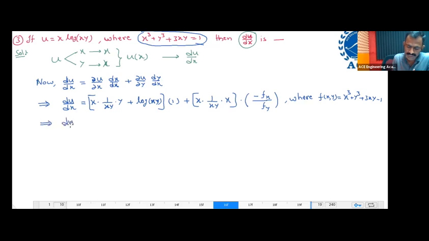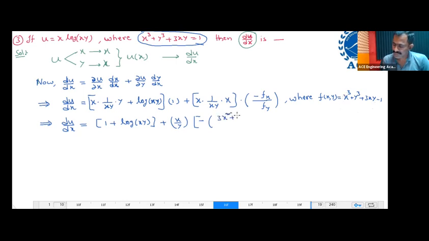Which implies du by dx equal to: x gets cancelled, y gets cancelled. So it is 1 plus log of xy plus x by y into minus of fx by fy. From this f, the partial derivative with respect to x is 3x square plus 3y, divided by the partial derivative with respect to y, which is 3y square plus 3x. And 3 is common.